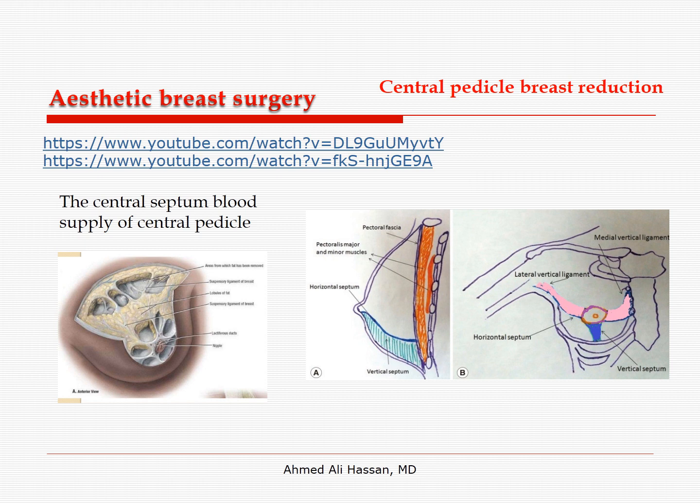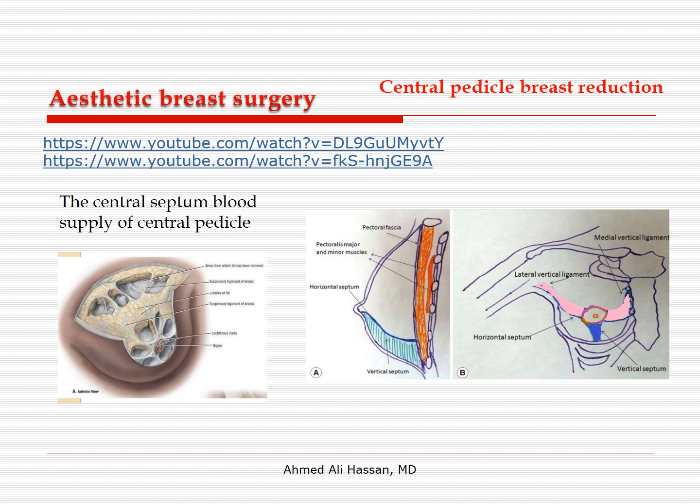The importance of this septum is that the blood supply from the medial aspect of the breast, namely the intercostal perforators of the internal mammary artery, as well as the blood supply from the lateral aspect of the breast, the perforator arising from the lateral thoracic artery, runs in relation to this horizontal ligament, the so-called central septum.